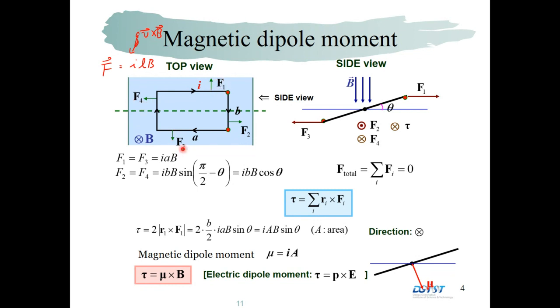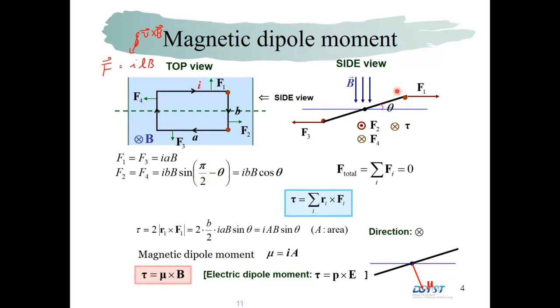F1 and F3 are the same magnitude but different direction. And F2 and F4 are the same in magnitude but different direction. F1 and F3 have current I, length A and magnetic field B, and F2 and F4 have current I, length B and field B. Because of the cross product, we have a sine term here.